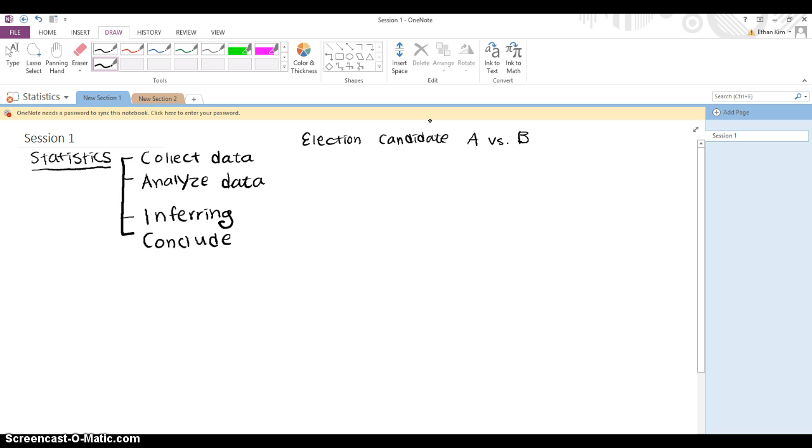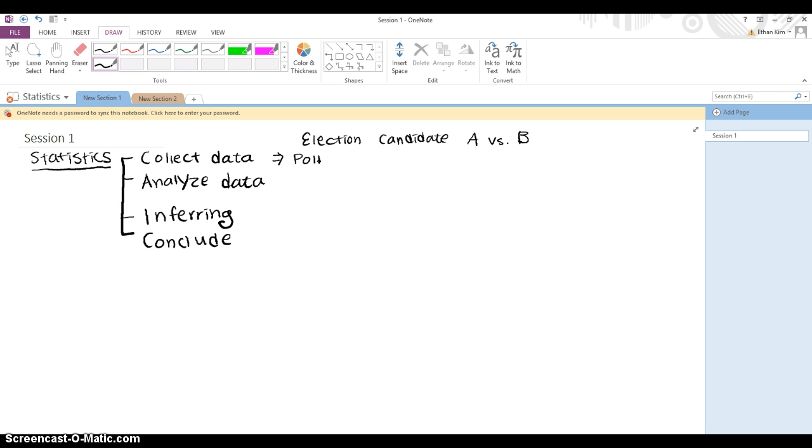So let's see, how do you collect data? I'm not sure how it's run in Tanzania, but here in the US, you take something called a poll. So obviously you're not going to ask every single person that has a vote, right? That's impossible if you're doing a president, right? So what you do is you go to a certain neighborhood, right?